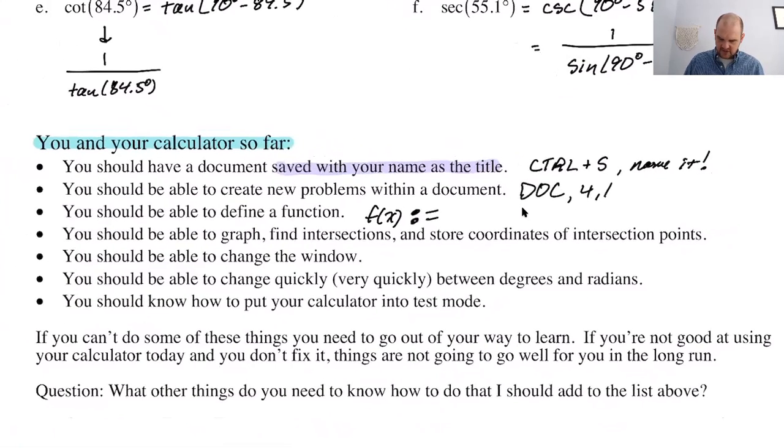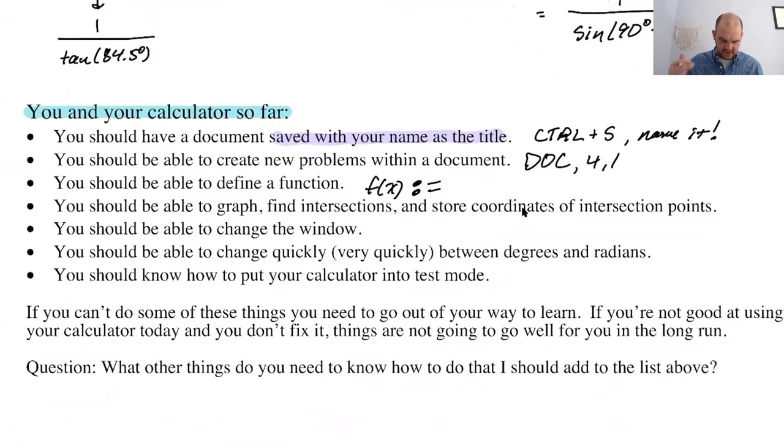Graph, find intersection, store. There's no way I'm going to fit that. There are YouTube videos that I've made of that. Find them. They go with these notes. If you look on my website, there's a link to the notes. Under that, there should be a link to a playlist, separate from these notes. It's just videos in support of the notes at this point in my life.